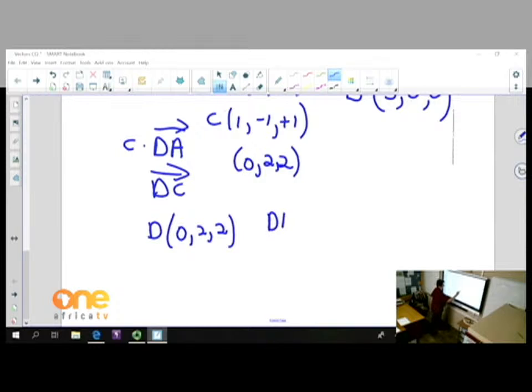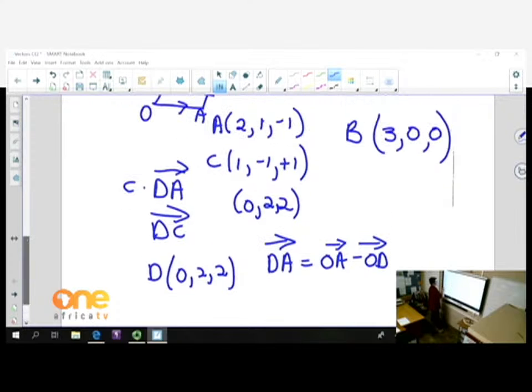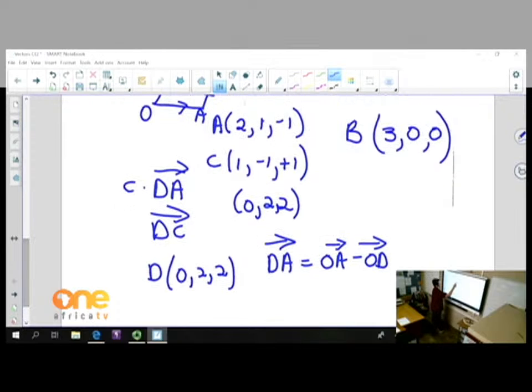Now, DA is OA minus OD. Don't forget that, because if you do that wrong, everything is going to be wrong. So it's the second one minus the first one. We have OA, it was given: 2i plus j minus k.